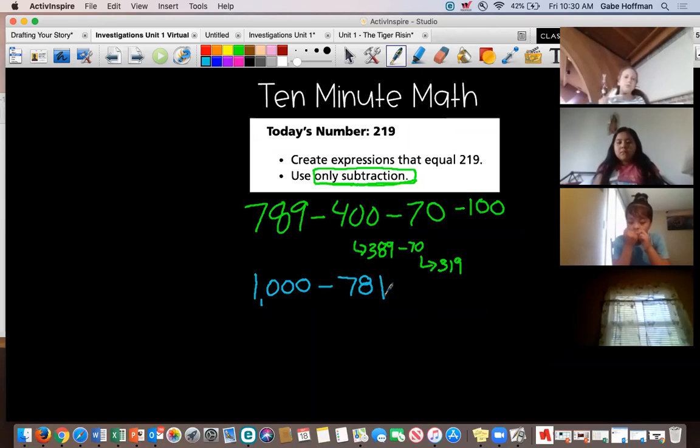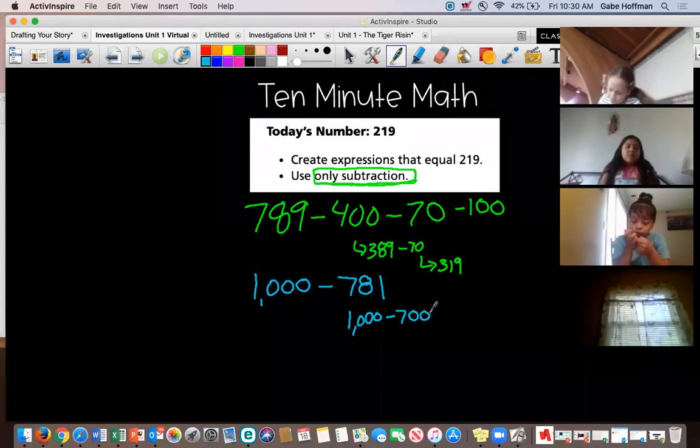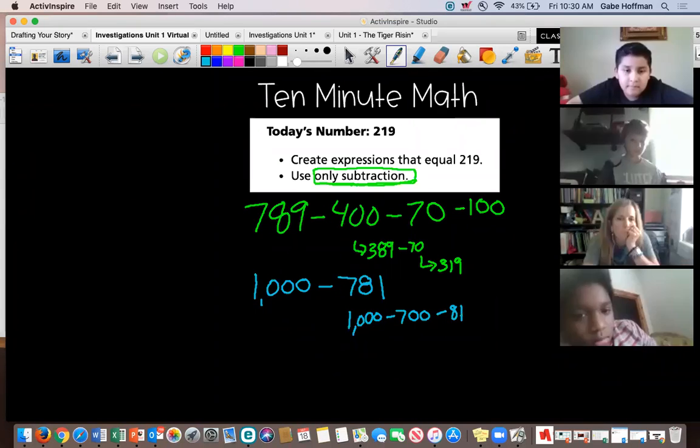Because I know 300 minus 81 equals 219, so I added 7 more, and then I had to subtract 7 more to get 300, and then minus 81 equals 219. So really, 1,000 minus 700 got you to 300, and then you subtracted 81 from 300 to get 219. You guys are just really going for it today.